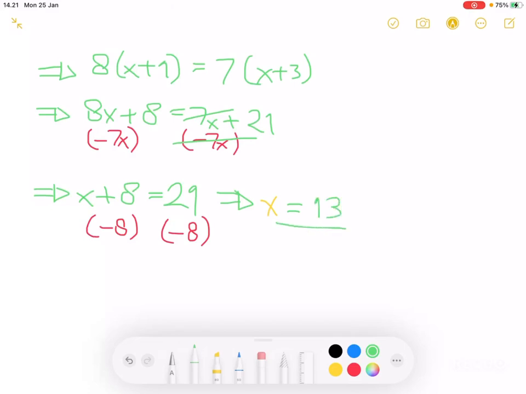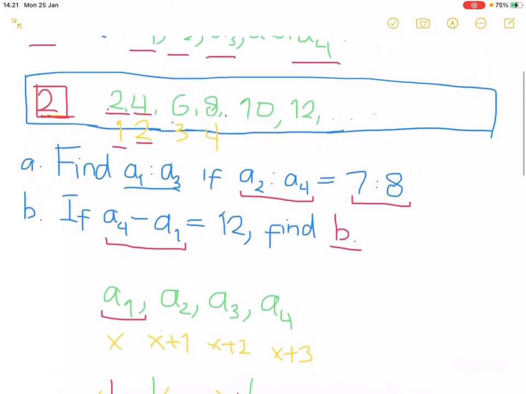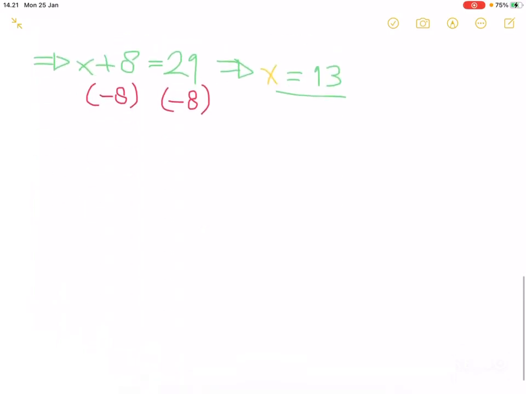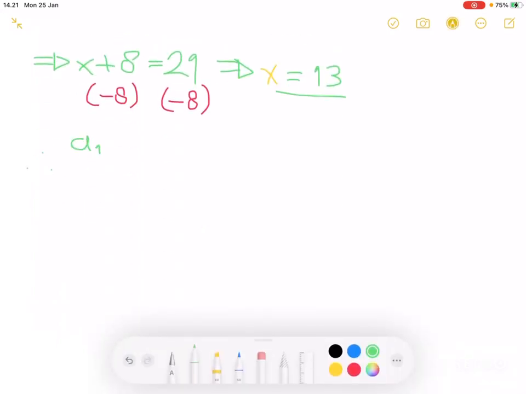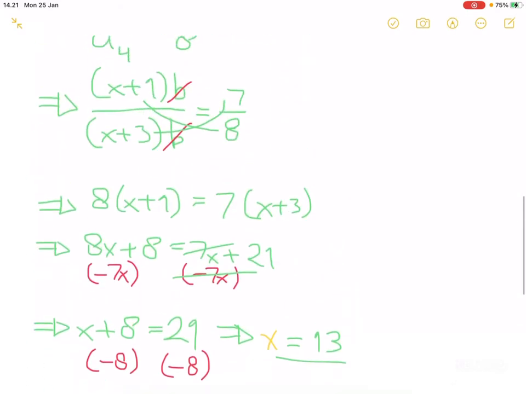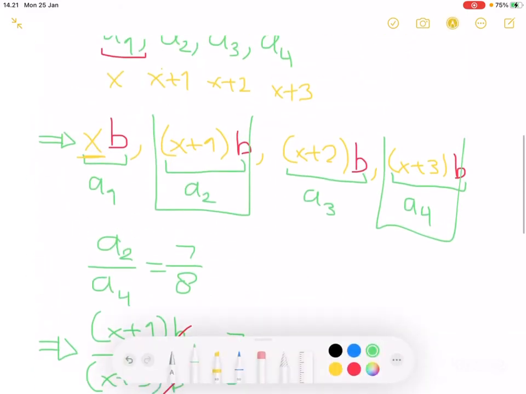With this information, we can find the fixed value of a1 to a3. Note our notation: we have a1 right here and a3 right here.